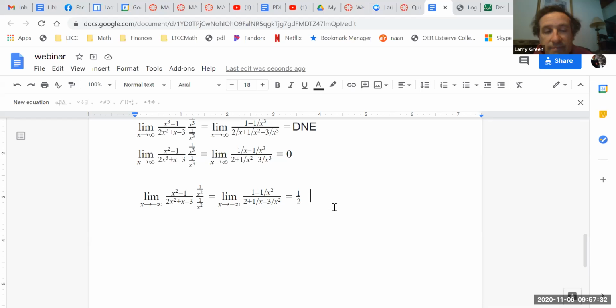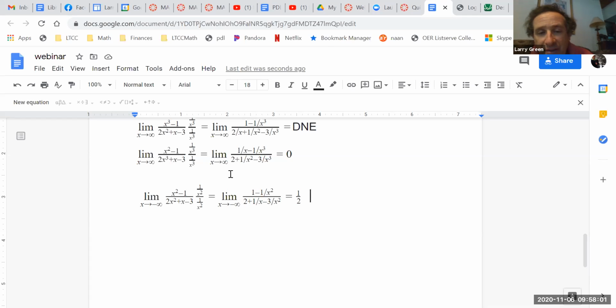Is that correct? Okay, and the answer is, yeah, nothing really changed. Still works. And if you change these infinities to negative infinities for the other 2 examples, you get the same answer.